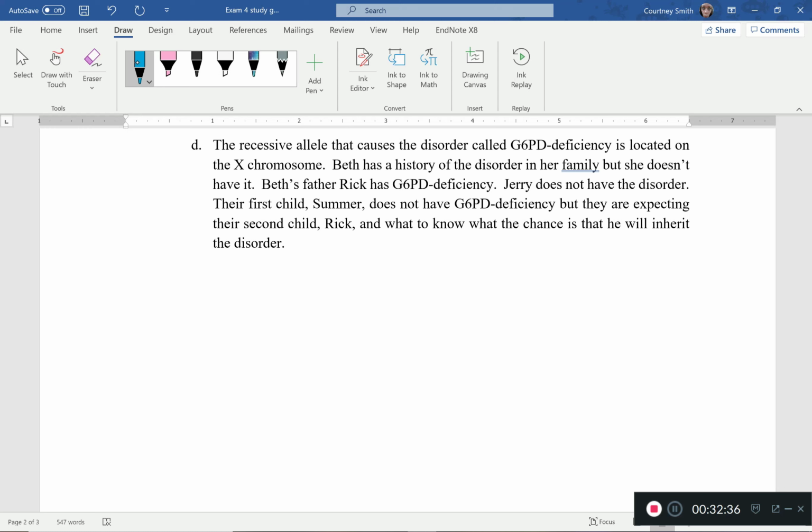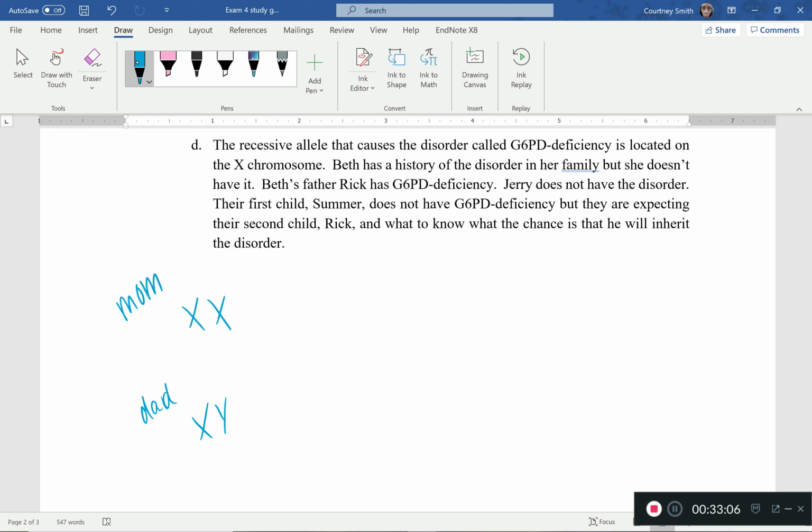Okay, so with that, let's go ahead and set up our genotypes for mom and dad. Mom is automatically XX, and dad is XY in this case. Dad is normal because it says that Jerry does not have the disorder, so he does not have a mutation on his X chromosome.